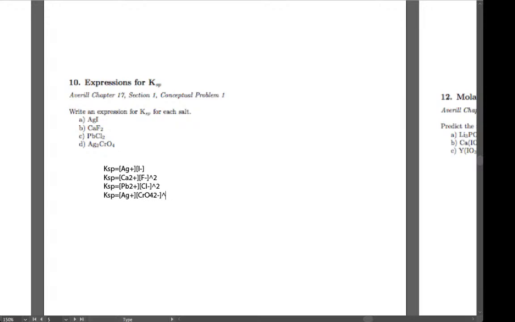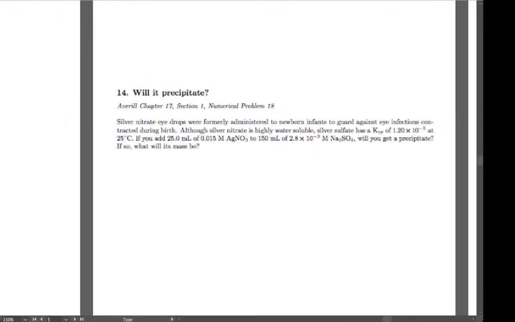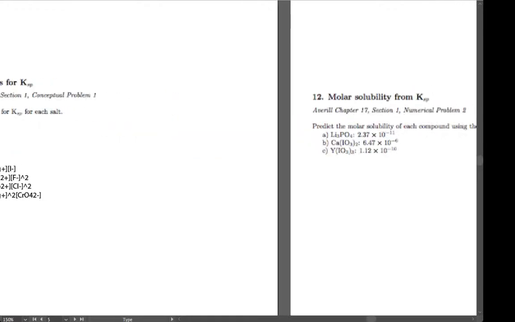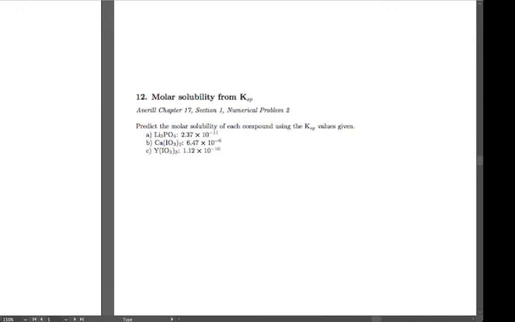Oh wait, no, sorry, I just put the square at the wrong place. So that's basically the expression for KSP. I don't know if it's correct or not. So later, if I do another live stream, I will tell you which ones I got wrong.